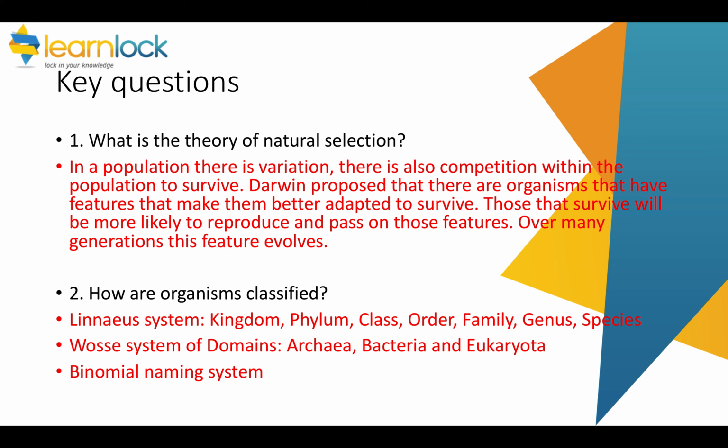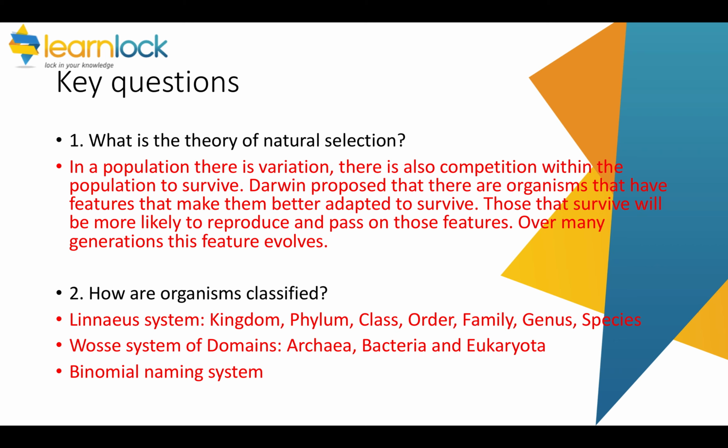It could be any feature. But those that have those features would be more likely to survive. And if they're more likely to survive, they'd be more likely to reproduce and pass on those features over many generations. And then that organism will start to evolve to have more organisms that have that feature.